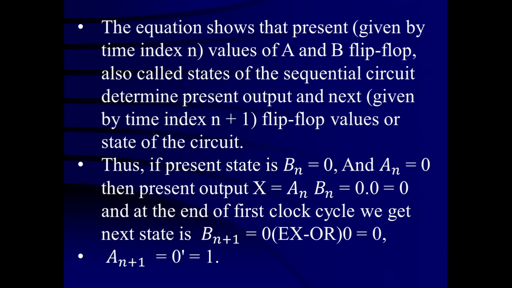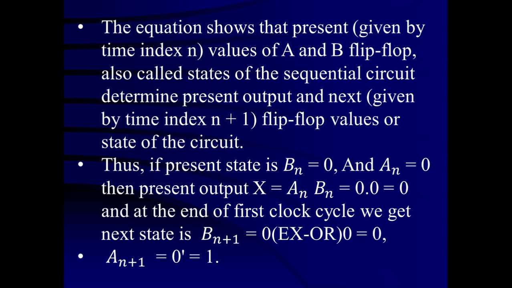Let us consider that both flip-flops are reset. That means Bn equal to 0 and An equal to 0 is the initial output state of flip-flops A and B. So the present output is X equal to An Bn, that is 0 times 0, equal to 0. So the present output of the AND gate X is going to be 0.